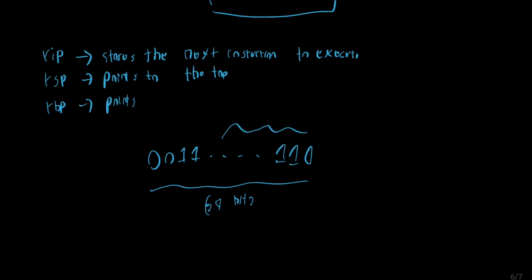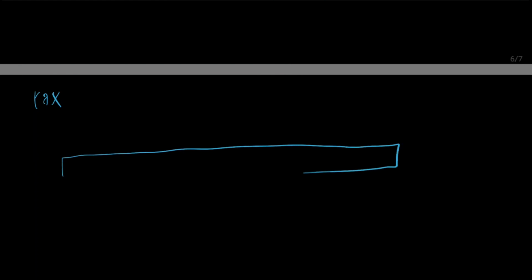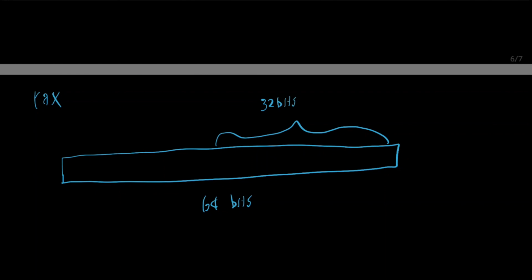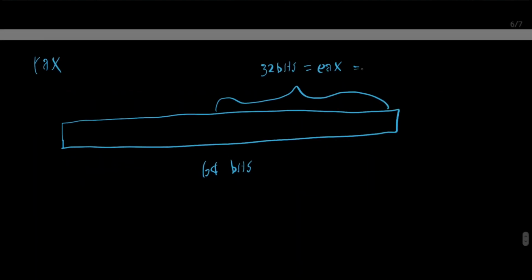So how do we work with only this small fragment? We basically take the lowest part of our register, and the lowest parts of a register have different names. Let's look at the names for the RAX register that we talked about earlier. The RAX register is a 64-bit register, so you can imagine it as a string of bits that is 64 bits long. If we take the lowest 32 bits, the name of this lowest part is EAX, which is an acronym for extended AX.